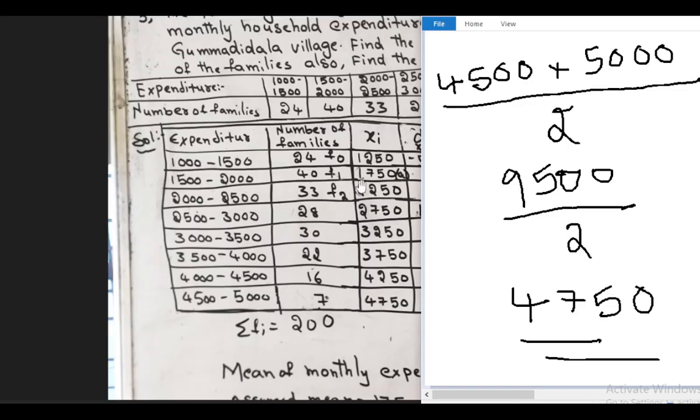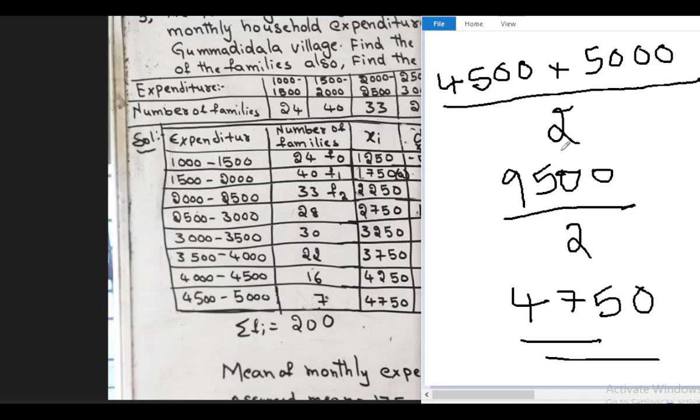So from here onwards, when you want to find the class mark or midpoint, that is the xi value, take the lower boundary plus the upper boundary, and after adding both, divide the sum by 2.